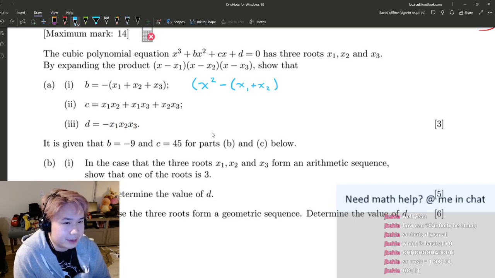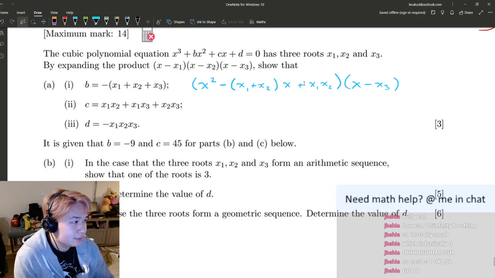I guess I have to though. So if I expand this out, the first 2, I get this. And then now I expand it with this one. So fun.